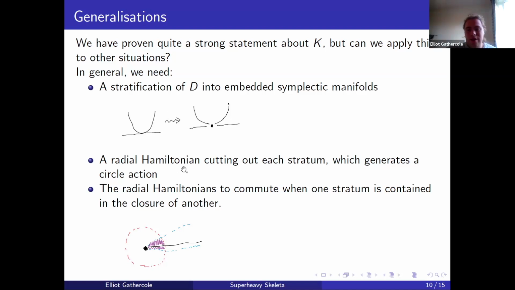And then I suppose the difficult thing is that we want these Hamiltonians to commute with each other when they need to. So in this picture down here, we have this neighborhood of a point, and if this point was one stratum and this line was another stratum, because any neighborhood of the line will intersect the neighborhood of the point, we need some little neighborhood where those two Hamiltonian circle actions commute.